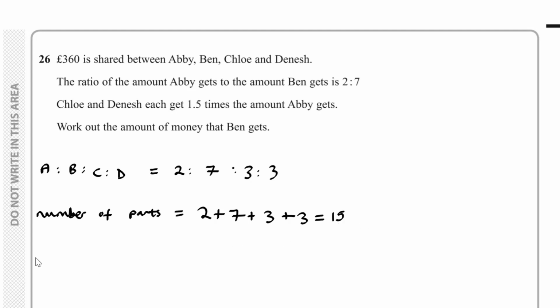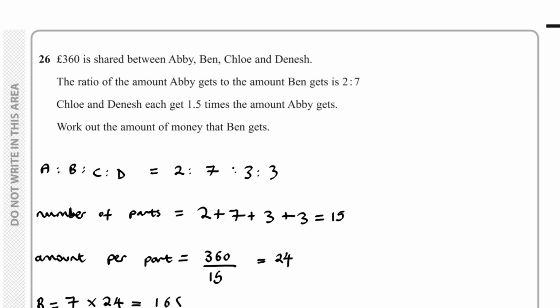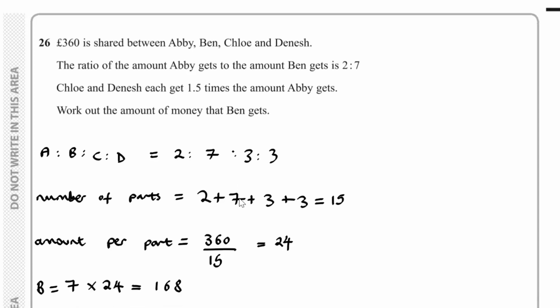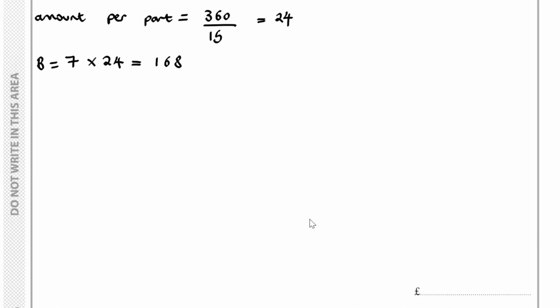So therefore the amount per part, that's equal to 360 divided by 15, which is 24. So therefore the amount Ben gets, well, Ben has 7 parts, so we have 7 times 24, which is 168. So therefore we see over here Ben gets £168.